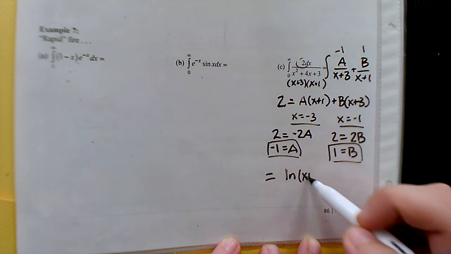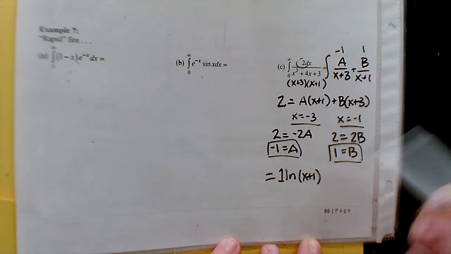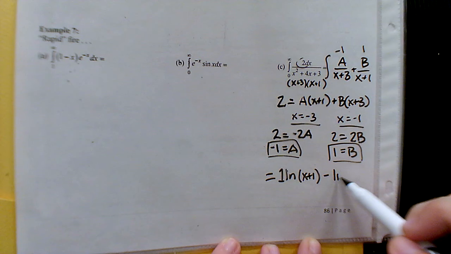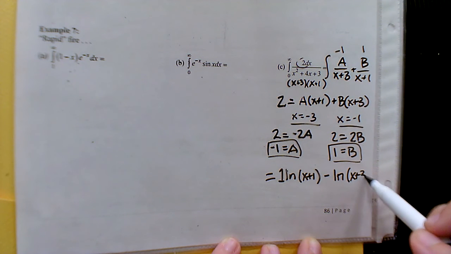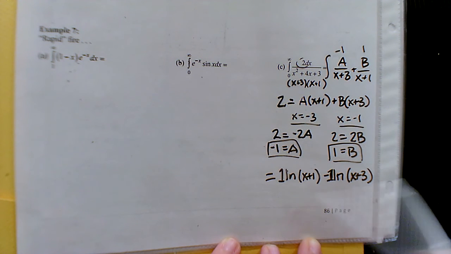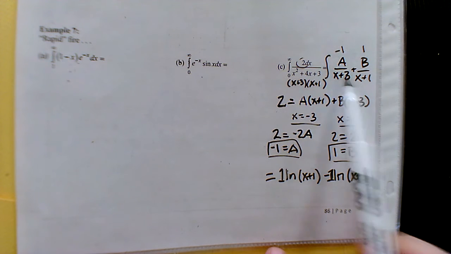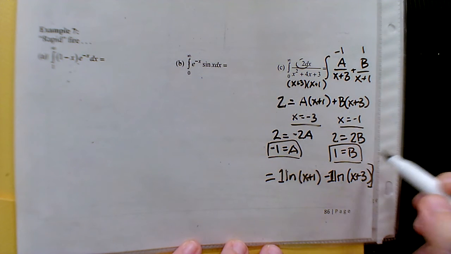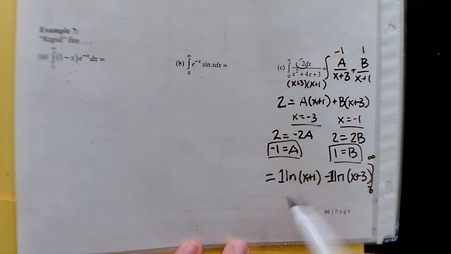All right, natural log of x plus 1. You have a positive 1 coefficient. And then you said minus natural log of x plus 3. She used the minus 1 coefficient in front of that one. You could have it reordered, okay, because I know we wrote this one first, that one second. You could have it reordered. And our bounds are from infinity to 0.